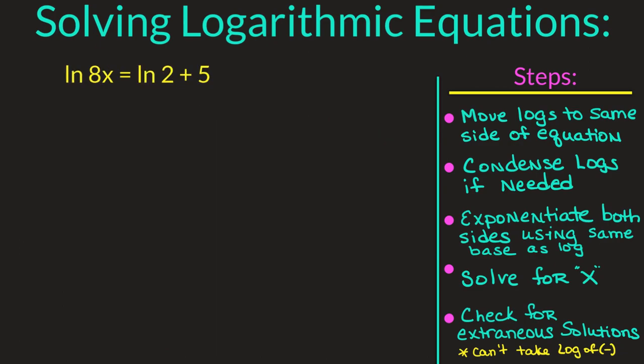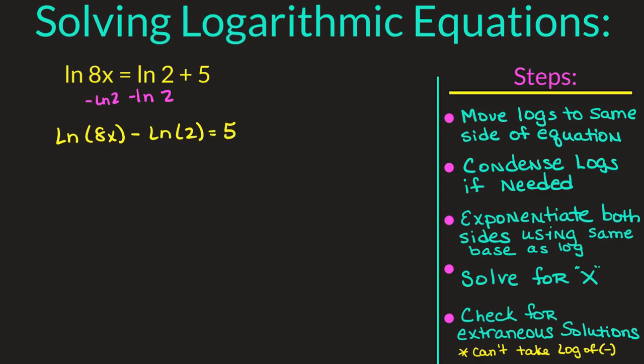Okay, so our final log equation that we're going to solve is ln of 8x equals ln of 2 plus 5. Here we are going to have to move our logs to the same side, in this case our natural logs. So I'm going to subtract ln of 2 on both sides, giving us ln of 8x minus ln of 2 equals 5.